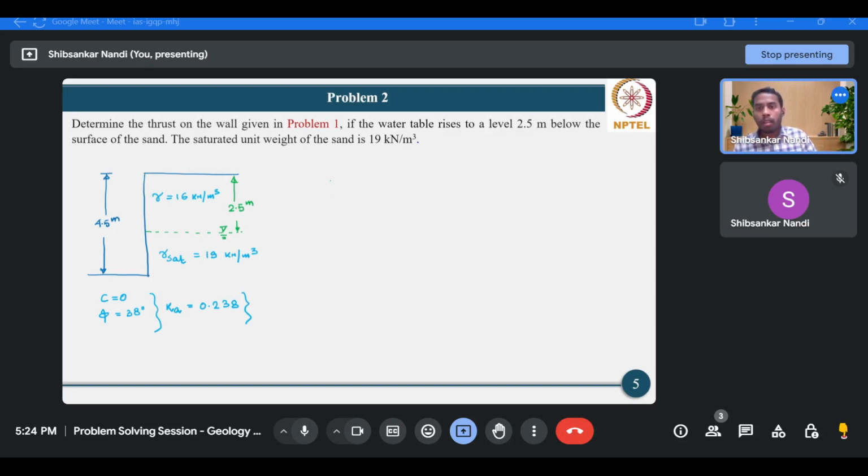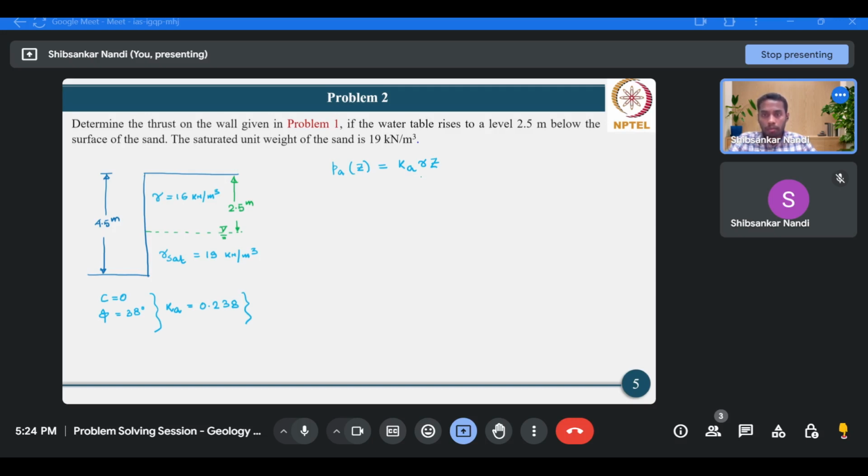Now, as you can see, let me calculate the pressures in this fashion. As we know, the variation of active earth pressure is Ka gamma Z. K value we know, gamma we will consider depending on the water table location.